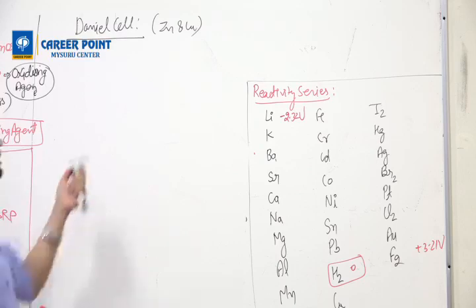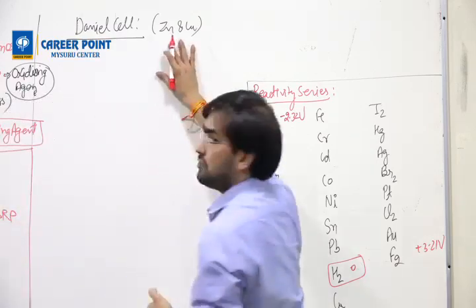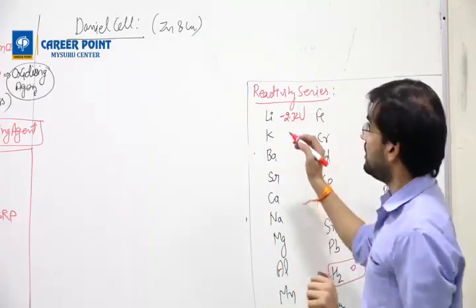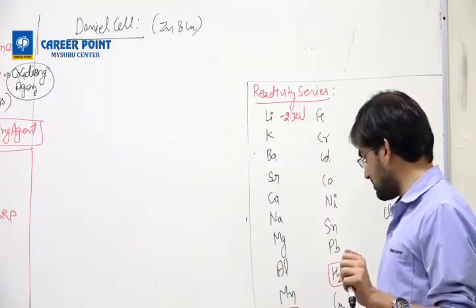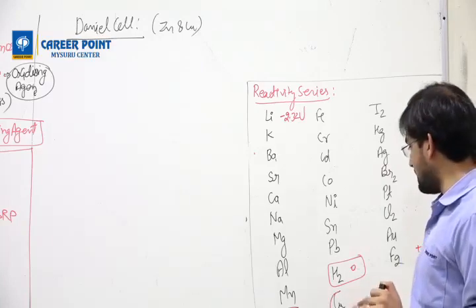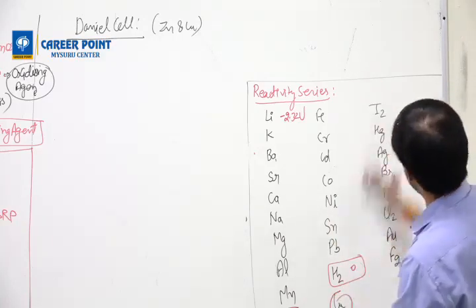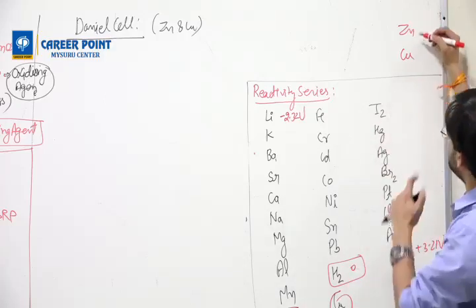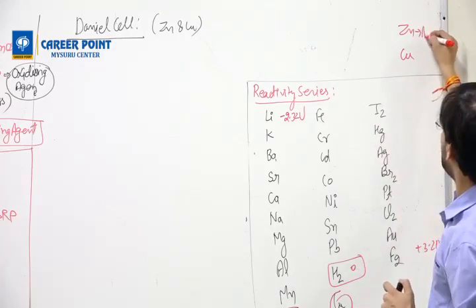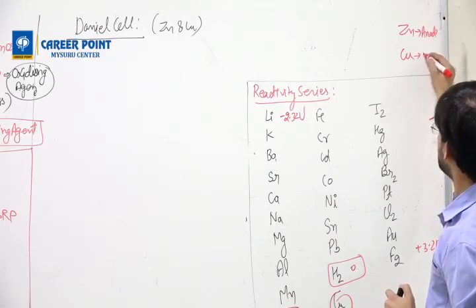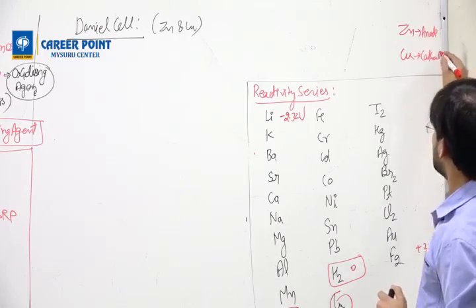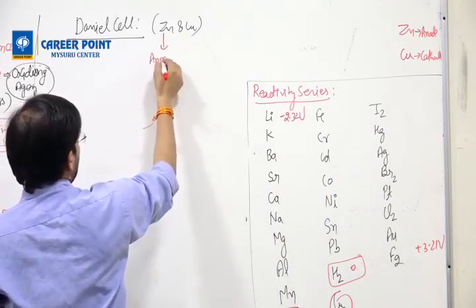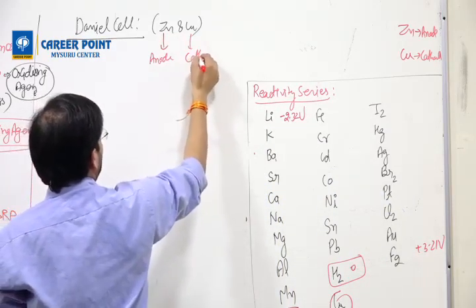If you look at this, I have not given you values, but still you can answer that. Where is zinc? Zinc is here. Where is copper? Copper is here. If you arrange all this, Zn will come above and copper will come down. Whichever comes above becomes anode, whichever comes below becomes cathode. It means Zn is anode, copper is cathode.